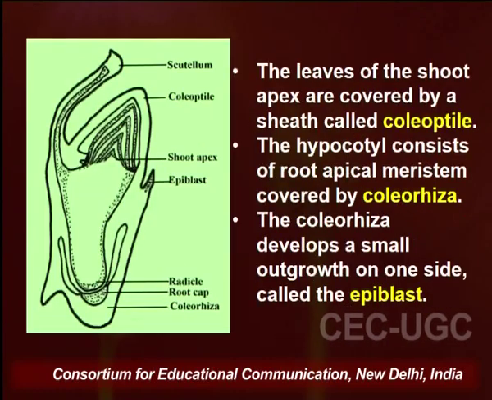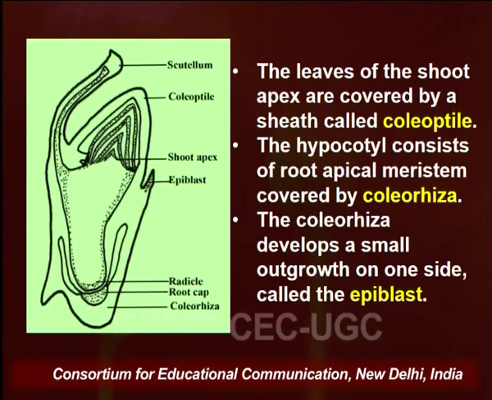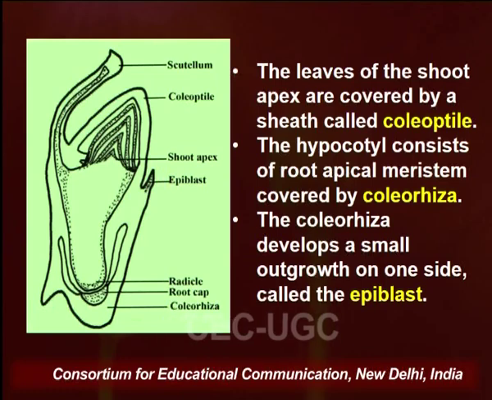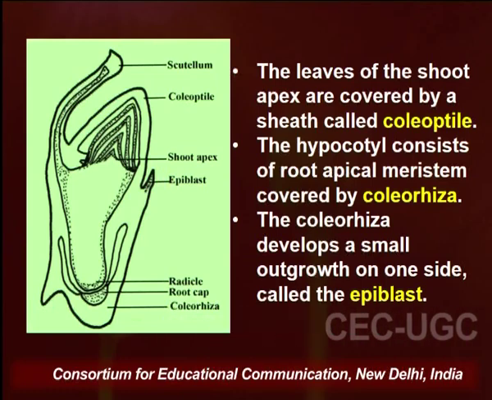The leaves of the shoot apex are covered by a sheath called the coleoptile. Hypocotyl consists of the root apical meristem, and this is covered by the coleorhiza. Coleorhiza can be seen developing into a small outgrowth on one side, and this is called the epiblast. You can see a small outgrowth on the right hand side of the shoot apex, and this is the epiblast.